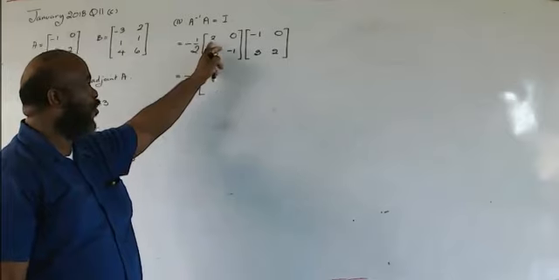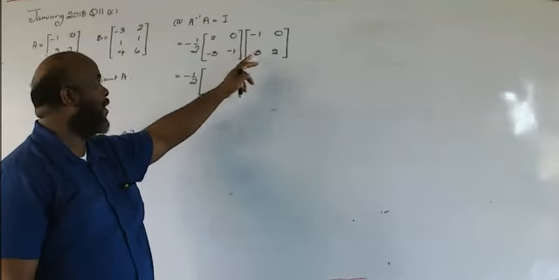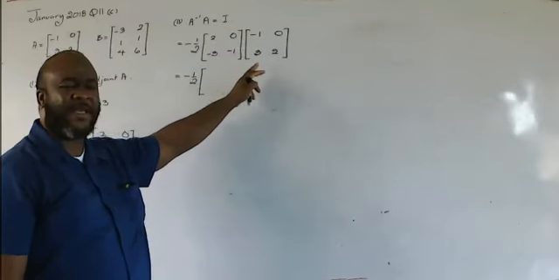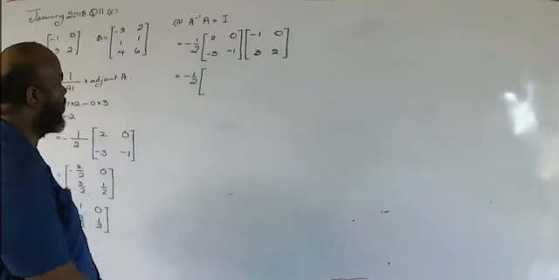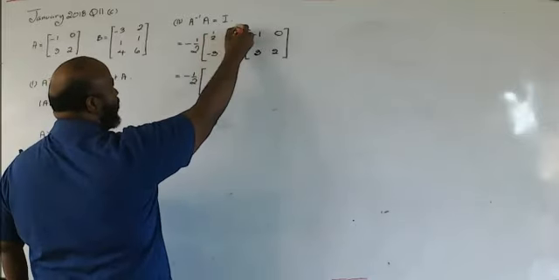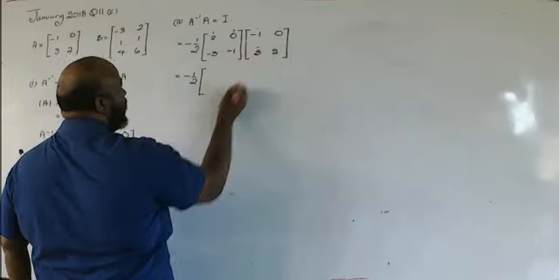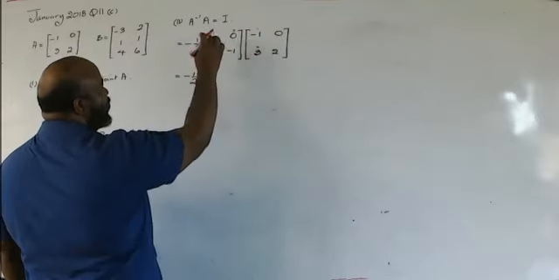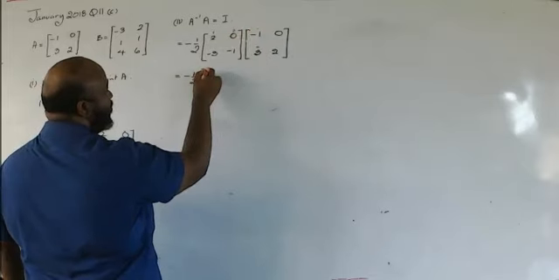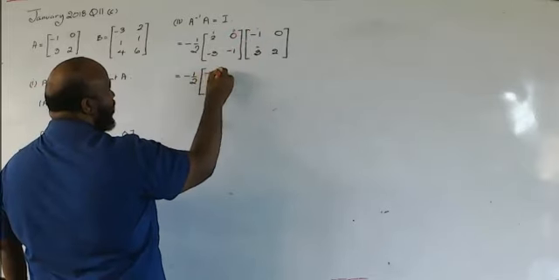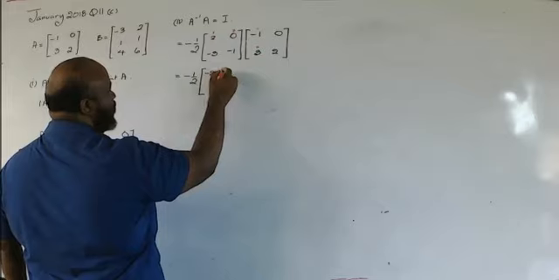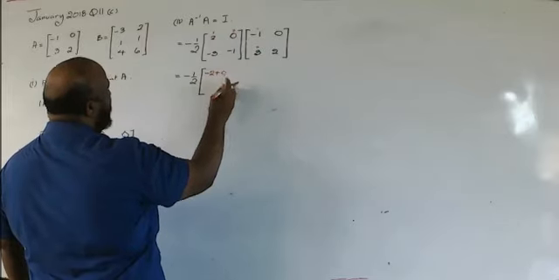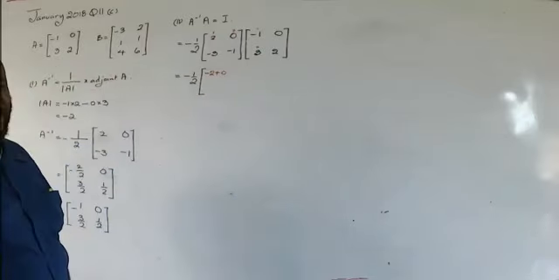First element in the row with first element in the column, second element in the row with second element in the column. So it's 2 times minus 1, plus 0 times 3.